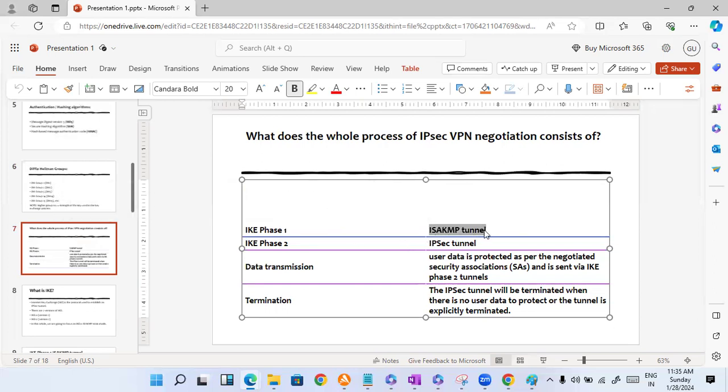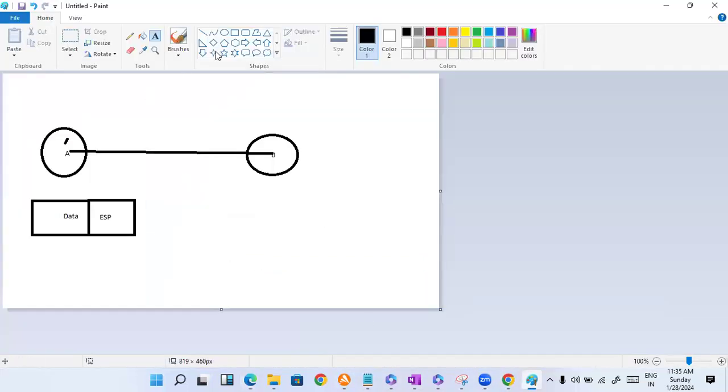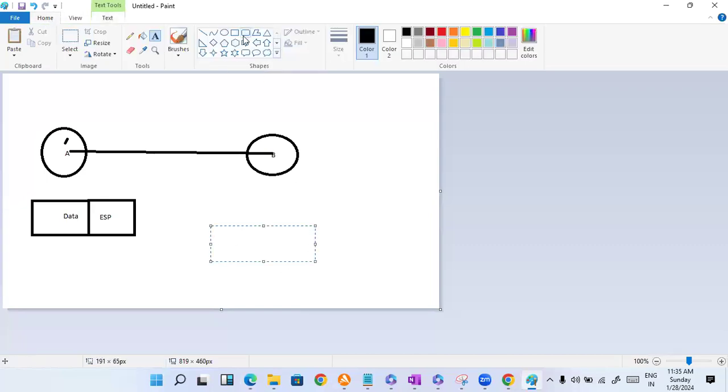And phase two is created only to have a secure layer; the traffic is transmitted in a bubbled way. Let me explain.